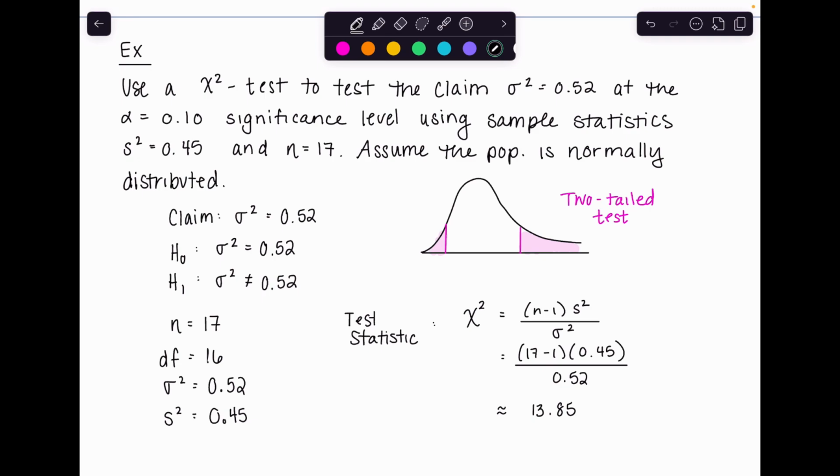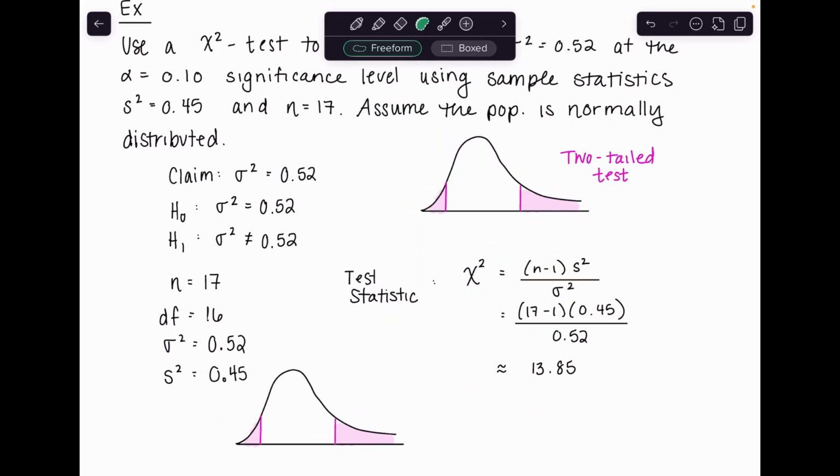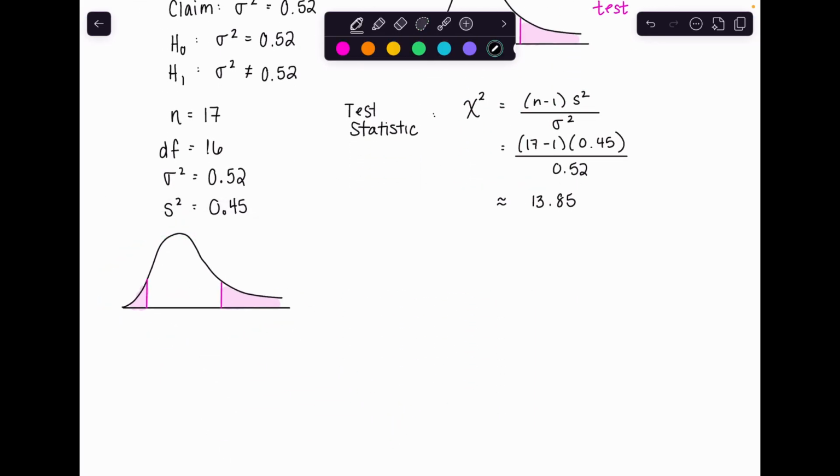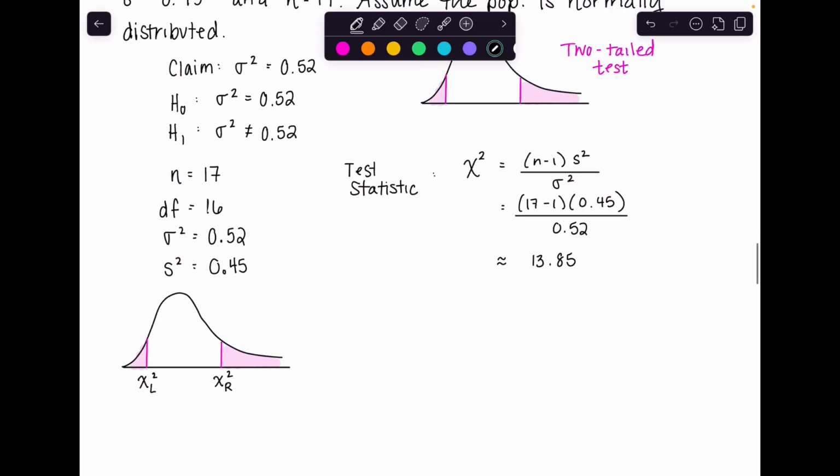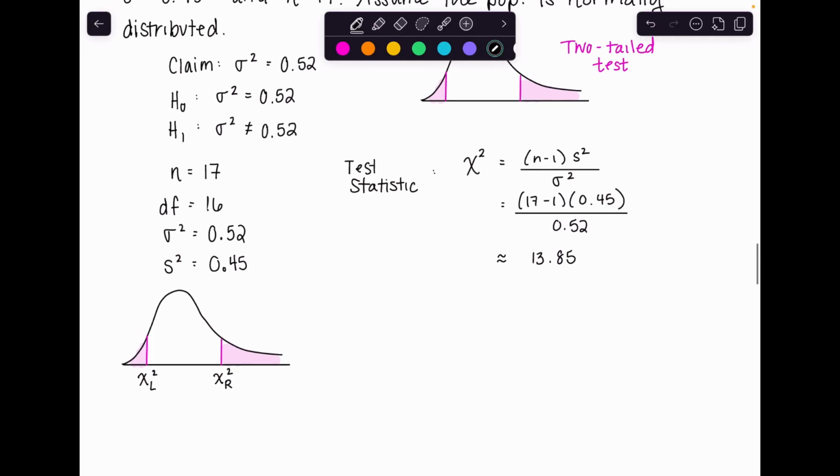So now I want to figure out what are these 2 cutoff regions here. Okay, so I'm going to go ahead and copy this because I want to be able to draw on it. So this one is going to be my left cutoff. This one is my right cutoff. And they tell us we want to use alpha being 10%.